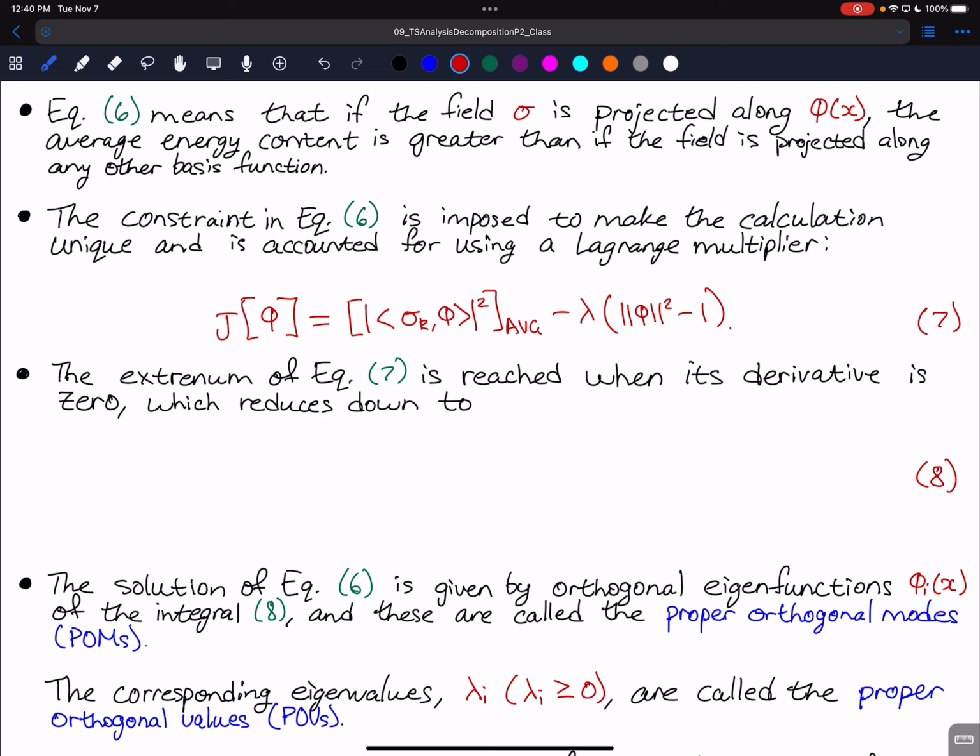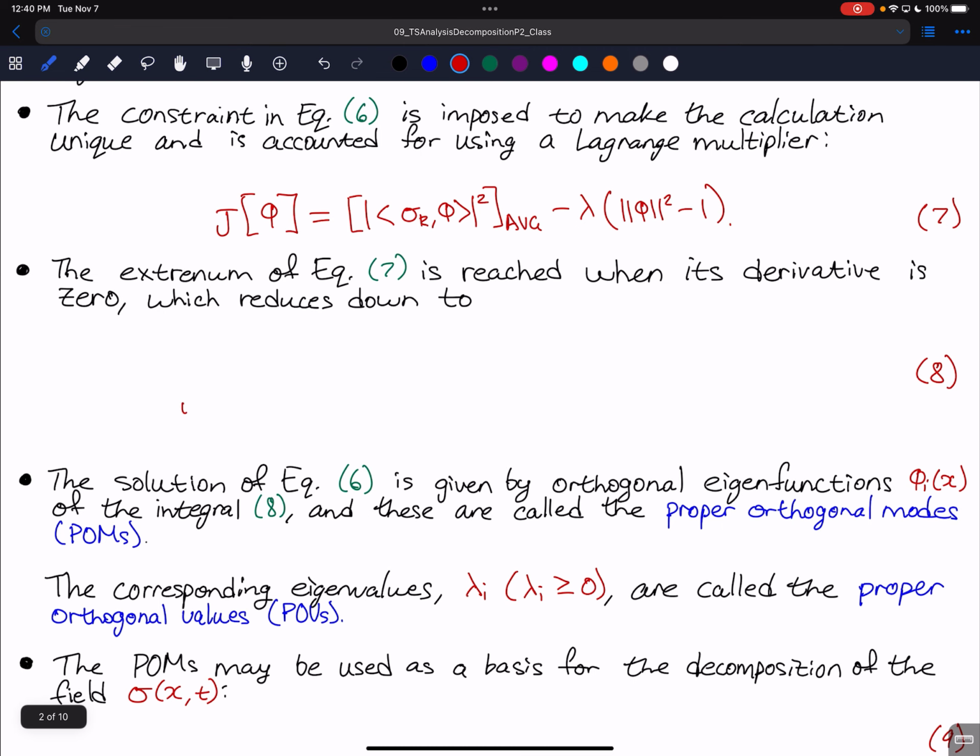We're going to skip a bunch of steps here, but you can show that this is equivalent to the integral over the domain omega applied to the quantity sigma k of x times sigma k of x prime, and this is an ensemble average, multiplied by phi of x prime dx prime.